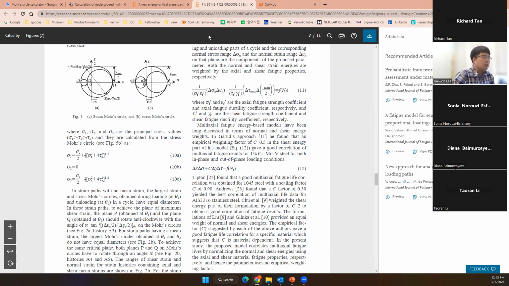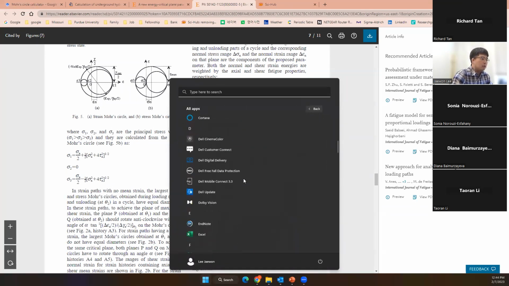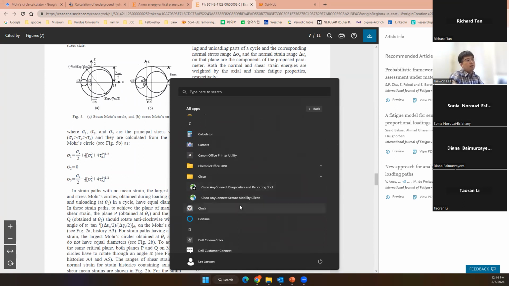But another way is you download the Cisco AnyConnect, and if you use this one, you can use the University of Missouri connection, even if you try to find the papers at your home.